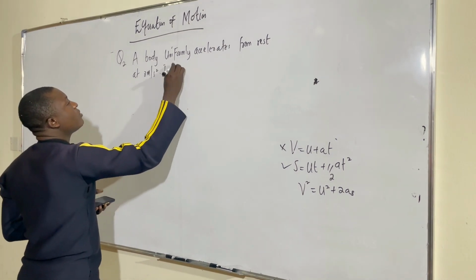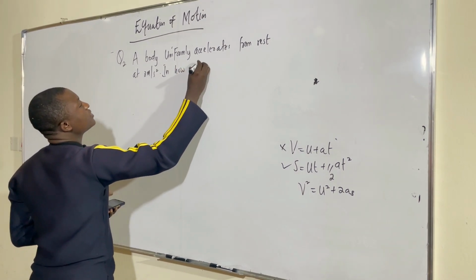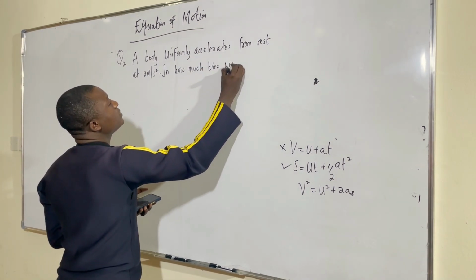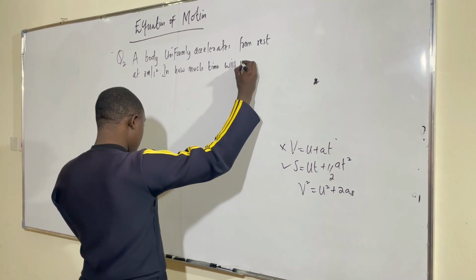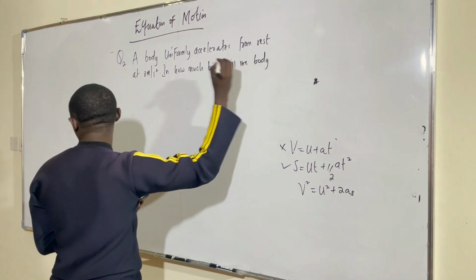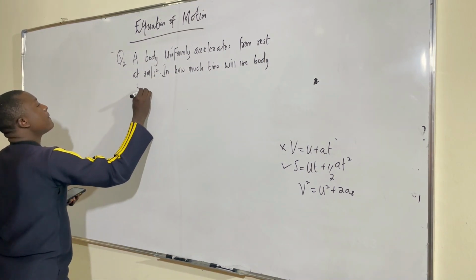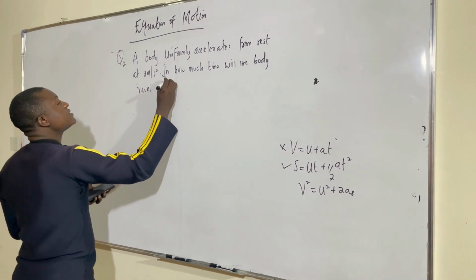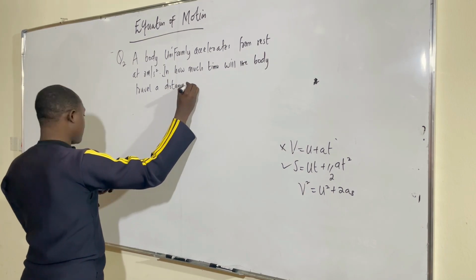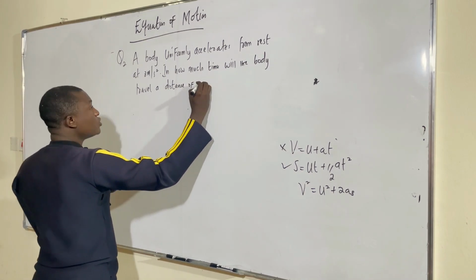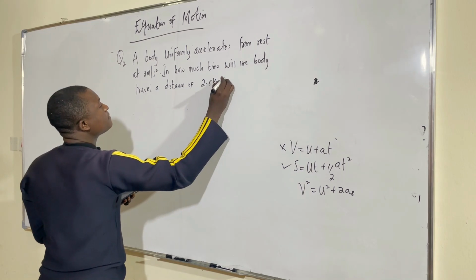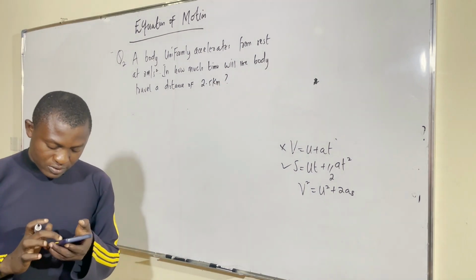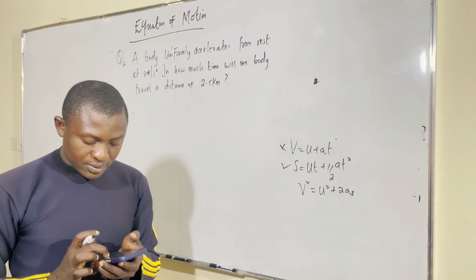In how much time will the body travel a distance of 2.5 kilometers? So what it goes is, it's 25 seconds, but let's solve it also. Maybe you are going to have the same result.